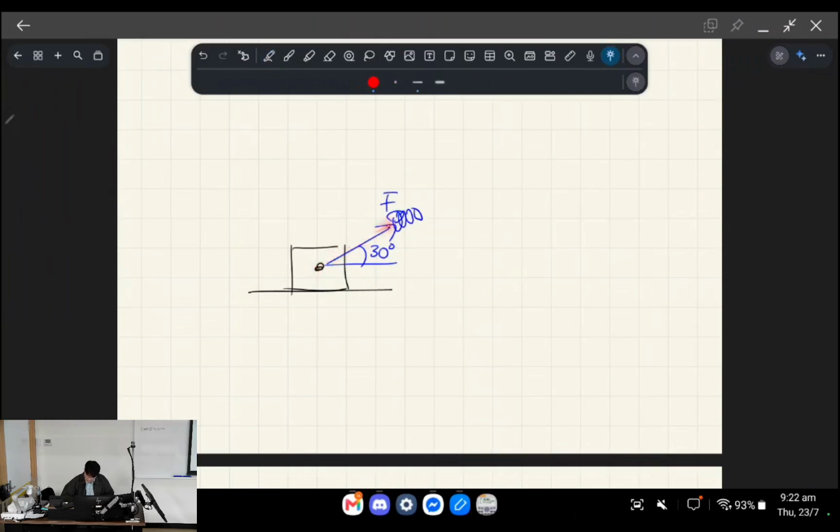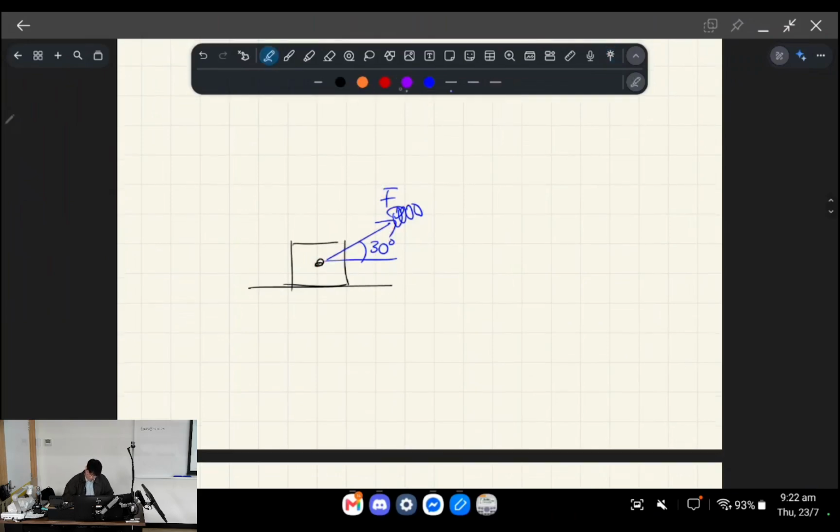There's a hand that's pulling this box, which is attached to a rope, with a force of F equals whatever. And then we know the material properties of the ground. Let's say these were the numbers. So these are the coefficients of static and kinetic friction.